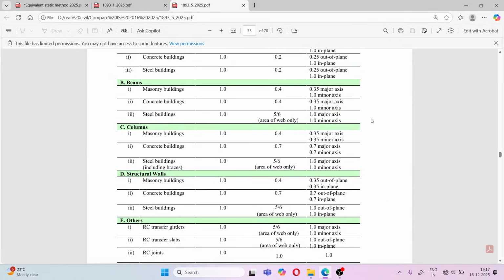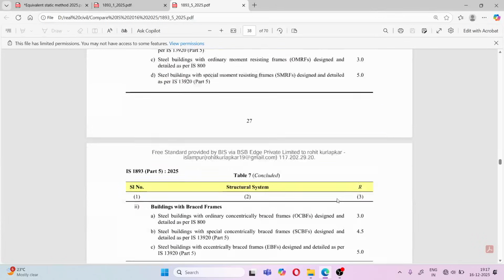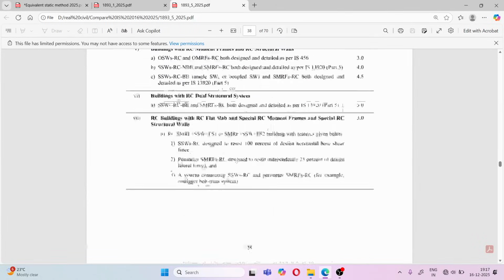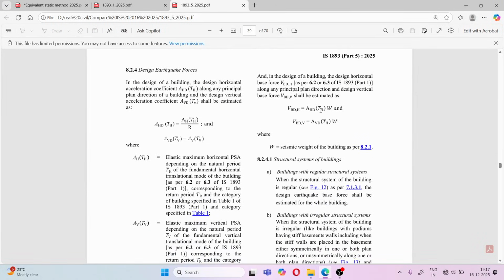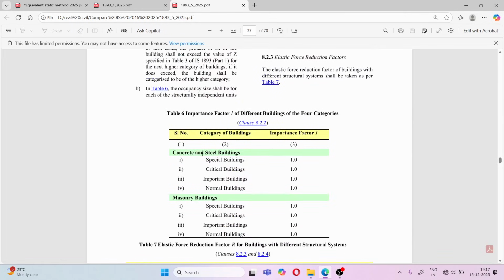Yes, here you can see Table 6, importance factor I for different buildings of the four categories. Now our building is a concrete building and we just found our category is important building. So if you see here, all have one value.